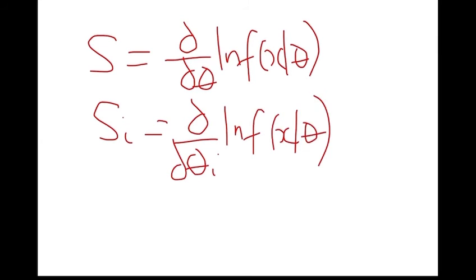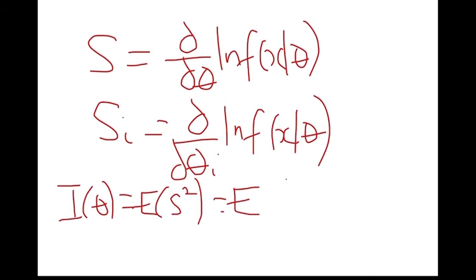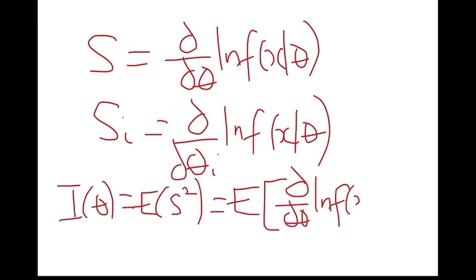Now the information, which is the expectation of S squared, is going to be the expectation of (d/dθ ln f(x|θ)) squared, like I said.